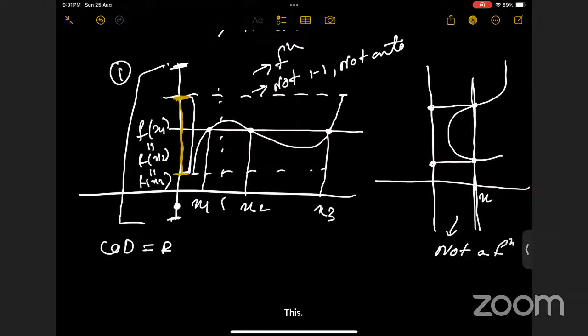If we take a vertical line at the point x, we can see this cuts the curve at 2 points, right? That means for the point x, we have 2 different images. That means one point is going to 2 different points in the codomain.